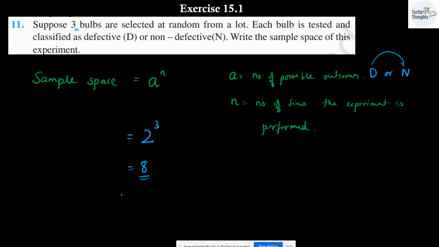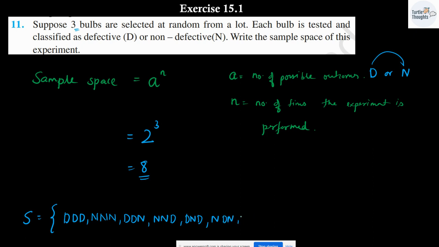Now, if I have to write it in detail, how can I write it? I can write the sample space as you are selecting three bulbs. So all the three bulbs can be defective, or all the three bulbs can be non-defective, or the first two bulbs can be defective, the last one non-defective. Similarly, non-defective with defective, right? Next, you can have defective, non-defective and defective, non-defective, defective with non-defective.